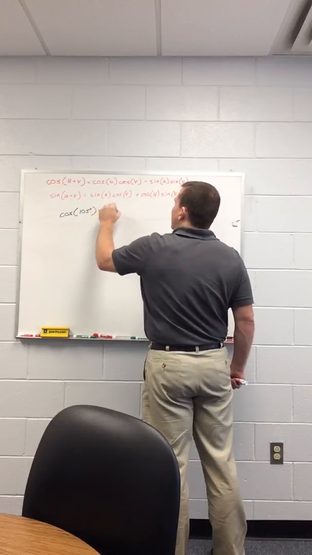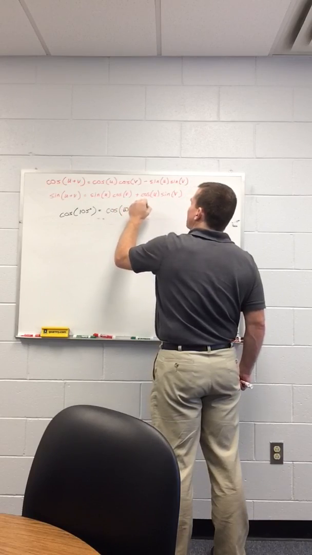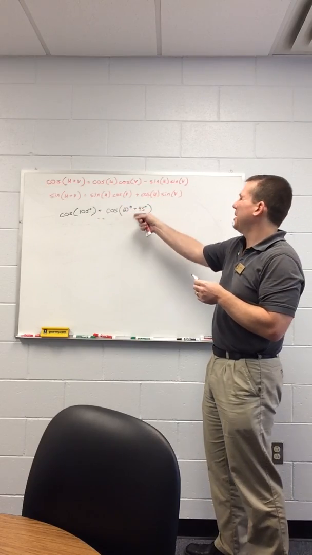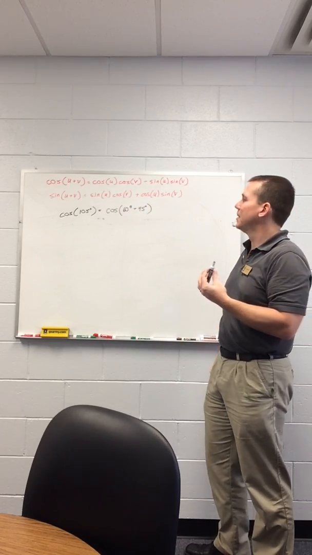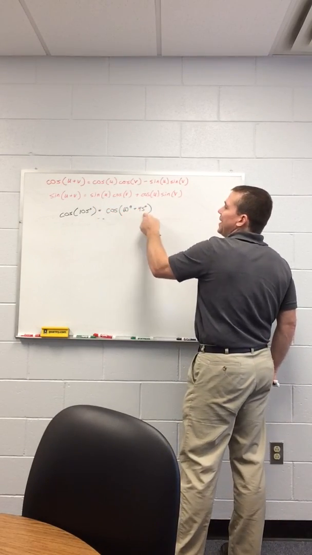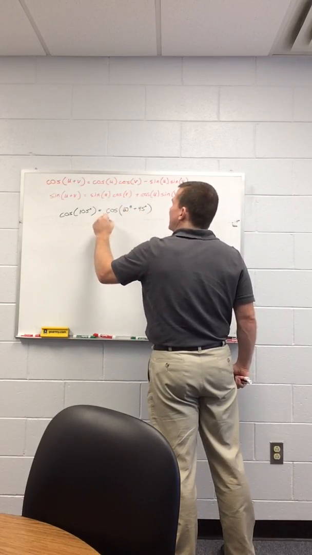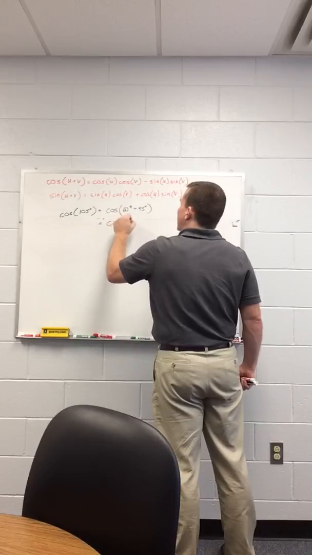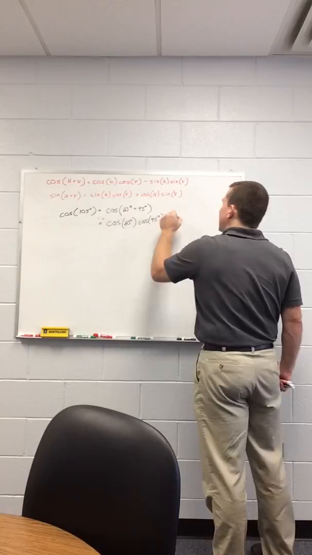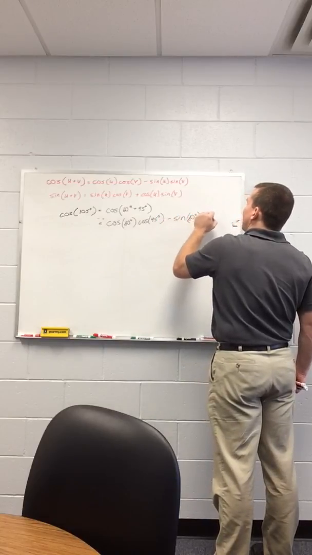So 105 degrees is 60 degrees plus 45 degrees. Clearly 105 and 60 plus 45 are the same, so here I just expanded this, but it's the same problem. Now I can plug cosine of u plus v, 60 plus 45, into that sum angle formula, and this is the same as cosine 60 degrees cosine 45 degrees minus sine 60 degrees sine 45 degrees.